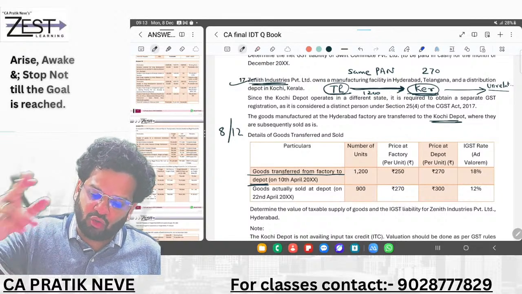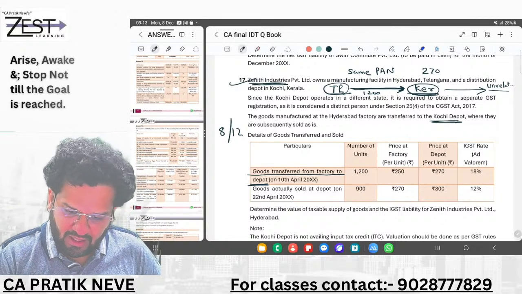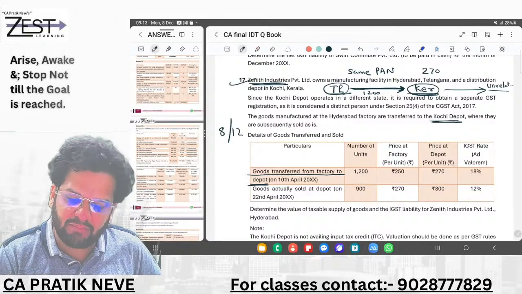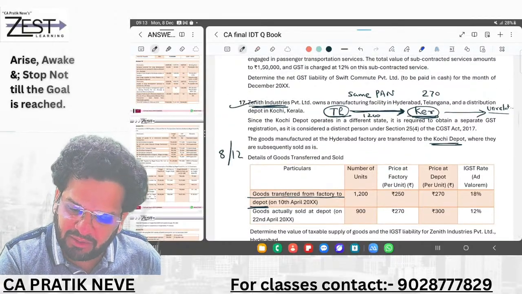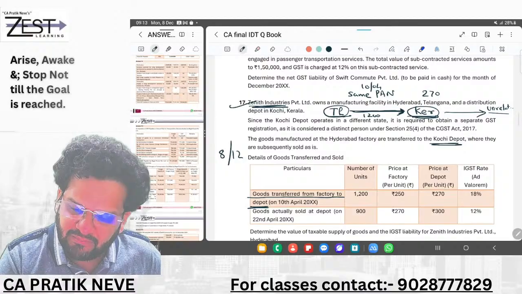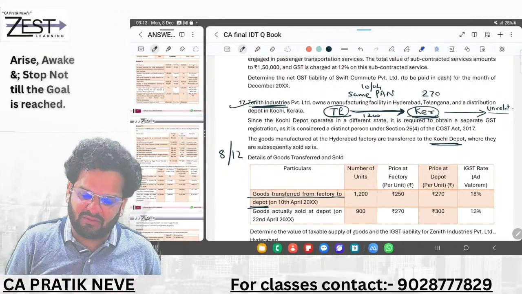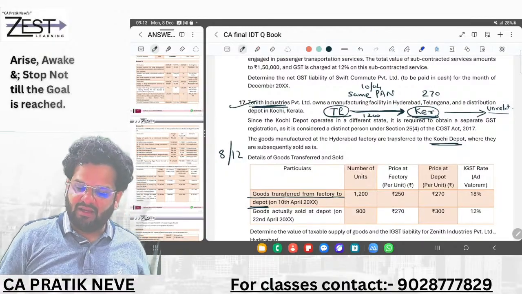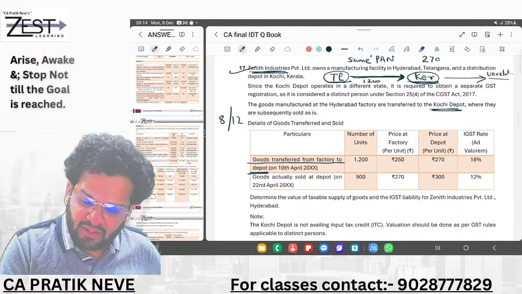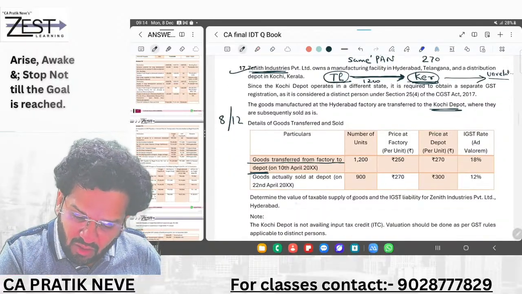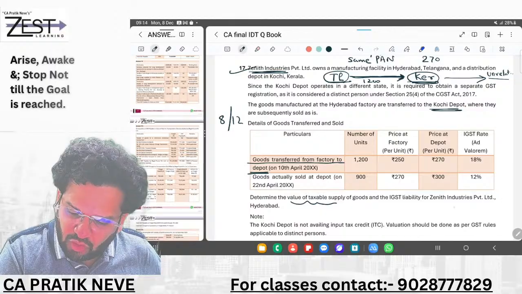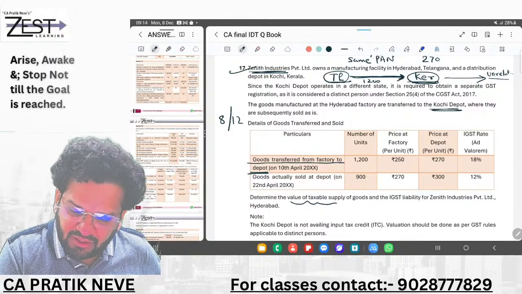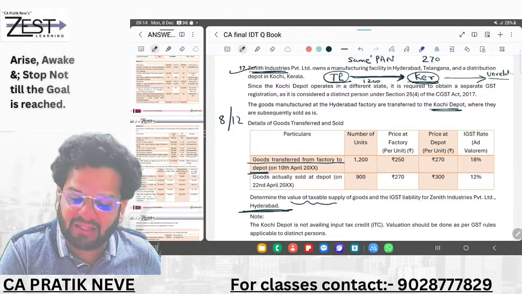Goods actually sold at depot on 22nd April. This transaction happened on 10th April. Doesn't matter, I think, because your only question is the value of taxable supply of goods and IGST liability for Zenith Private Limited Hyderabad.